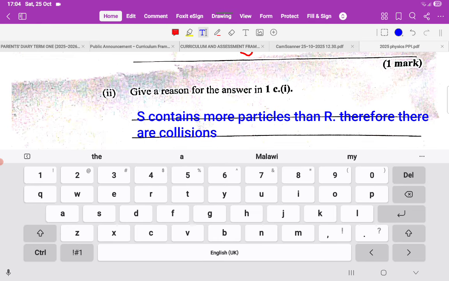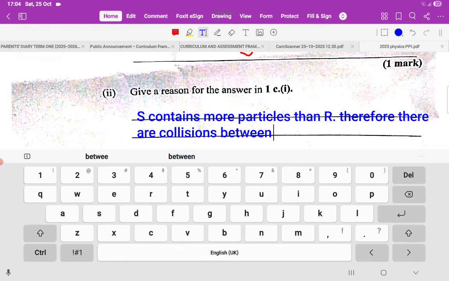Remember, gas pressure is caused by collisions of particles, and the collision between particles and the walls of the container.